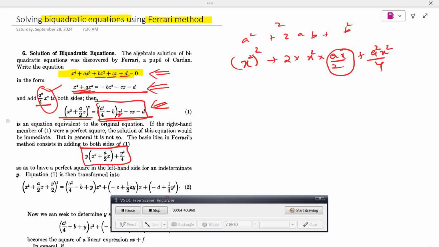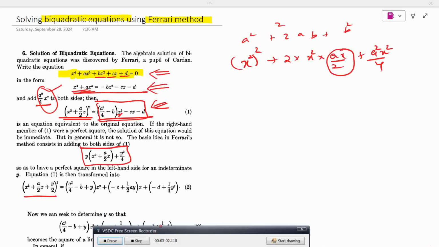You don't have to study the method, but just understand it. We are adding something to both sides so that this side is again a perfect square, and we get something like this. We combined all the x square terms, x terms and the constant. This equation 2 is very important. This is the only equation you will have to study.